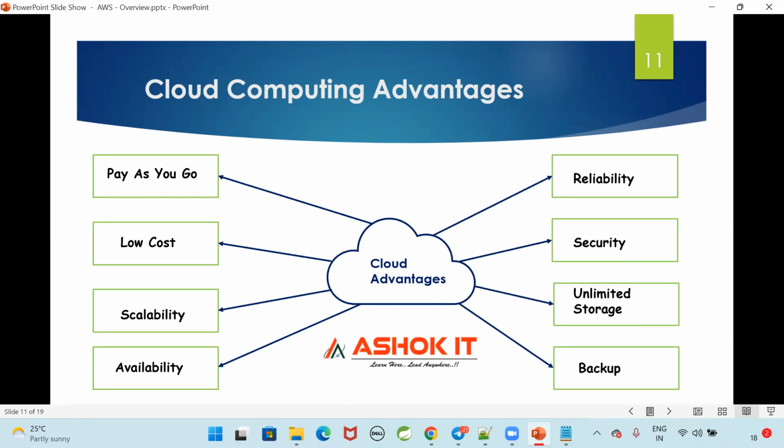Cloud advantages. What is cloud computing? Cloud computing is the process of delivering on-demand resources over the internet. Cloud providers will give the resources over the web with pay-as-you-go pricing. Clear with my point?